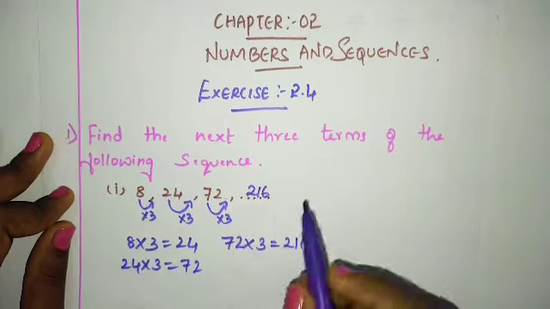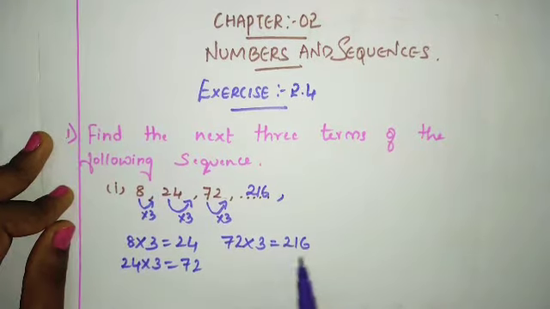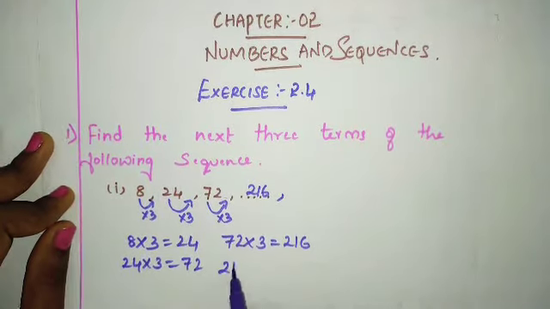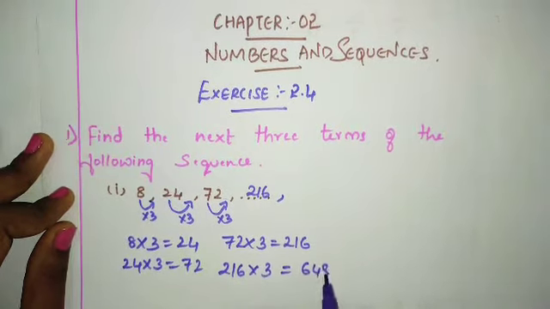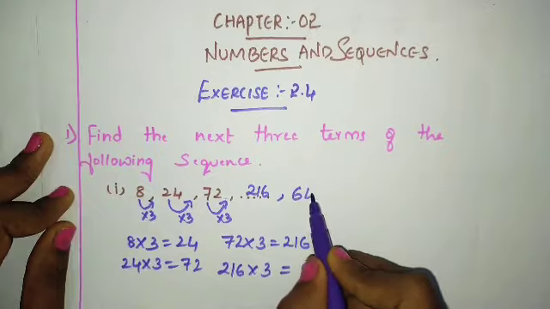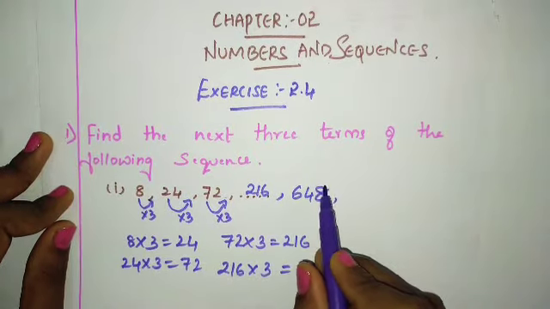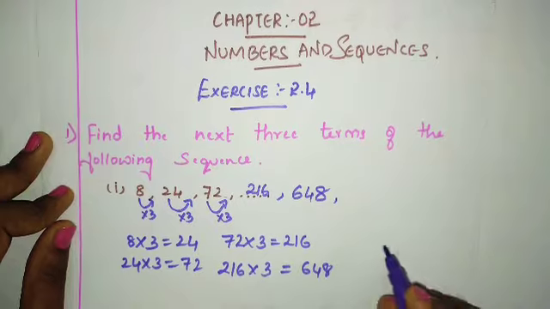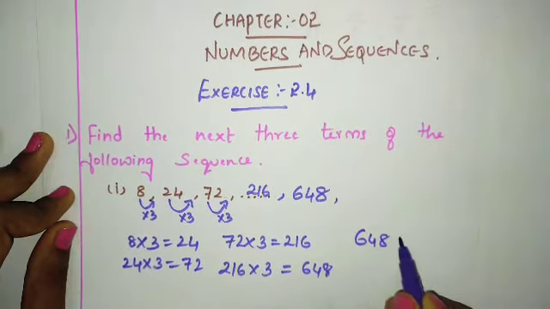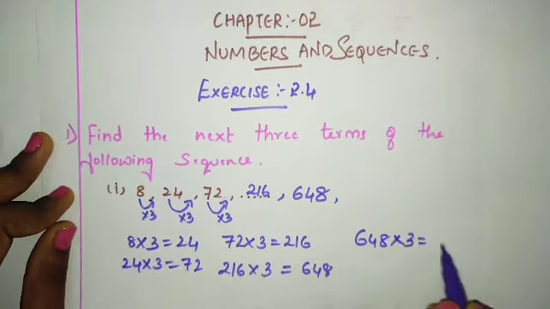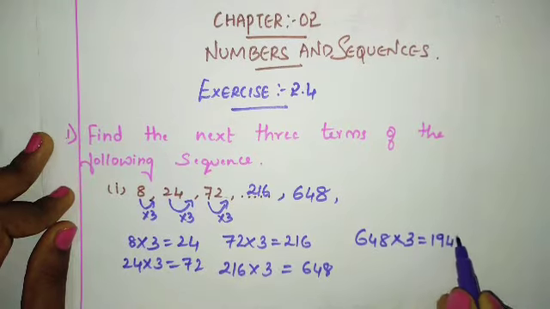Next, you multiply this number with 3 now. So 216 into 3, that is 648. So the next number is 648. Next, again multiply this number with 3, you'll get the next number. So 648 into 3 is equal to 1944.